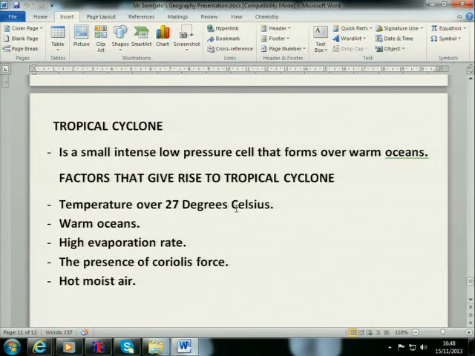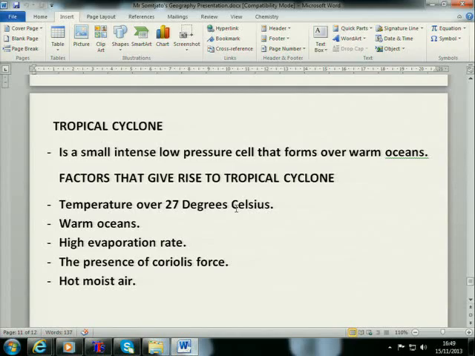Latent heat is released when condensation takes place. So for a tropical cyclone to continue, it needs energy from latent heat, and that latent heat energy comes when condensation takes place.